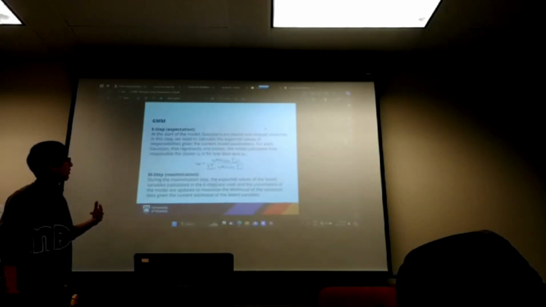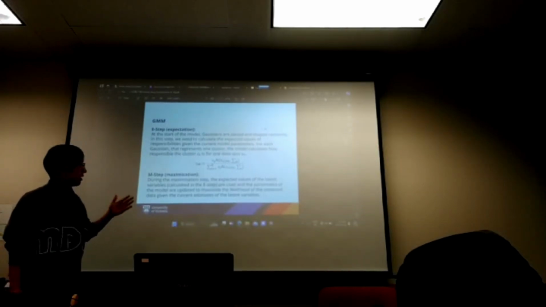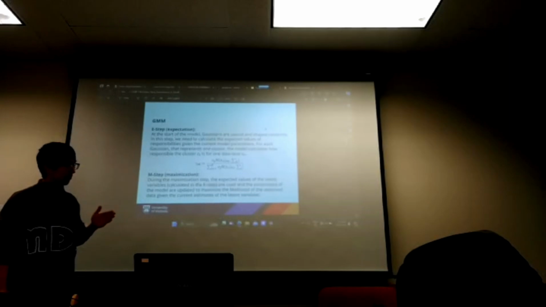In the E step, we need to calculate the expected values of responsibilities. We can consider the responsibility as the probability that one data point belongs to one Gaussian distribution.